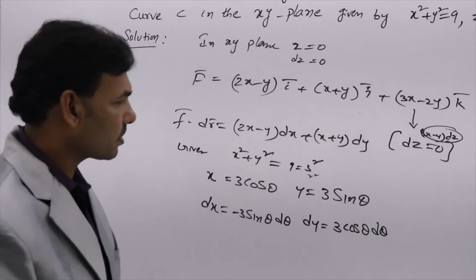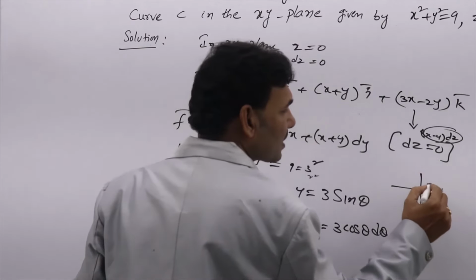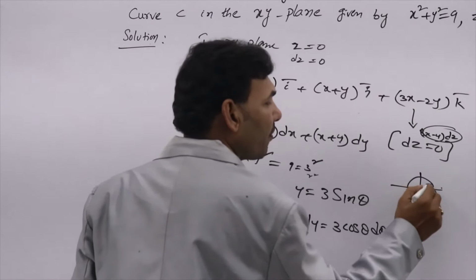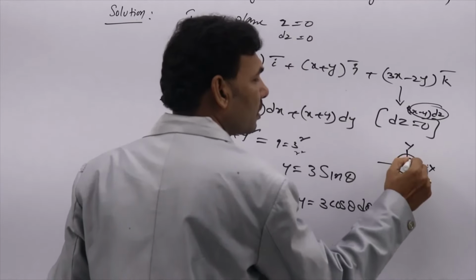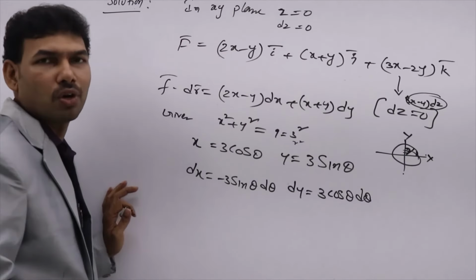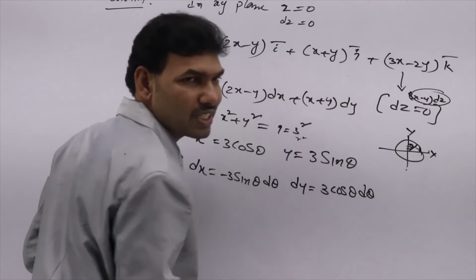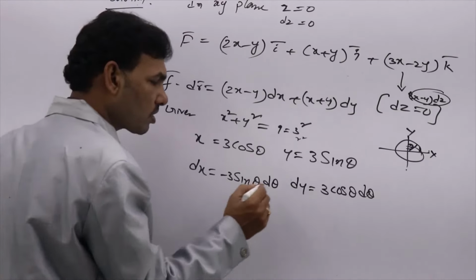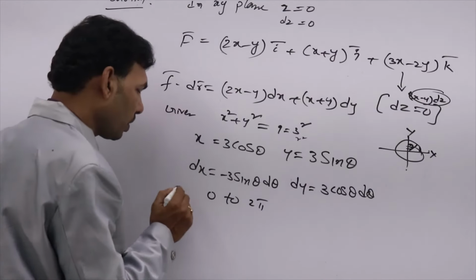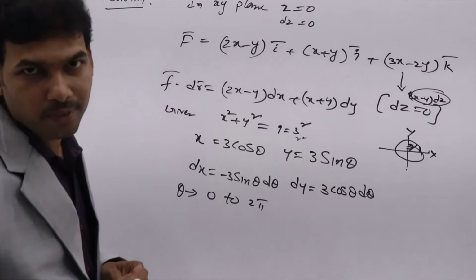Because this is a circle of radius 3 units, the angle in a complete circle is 2 pi starting from 0. So theta is from 0 to 2 pi.